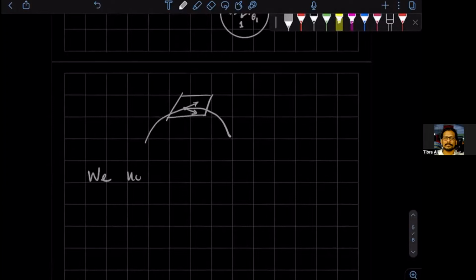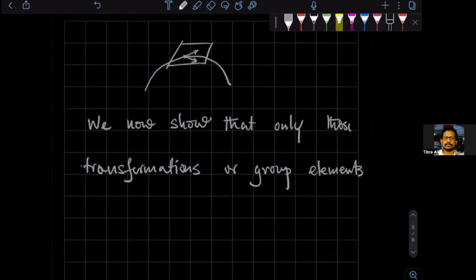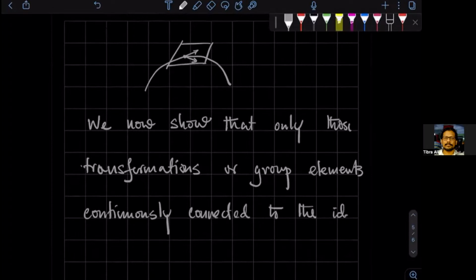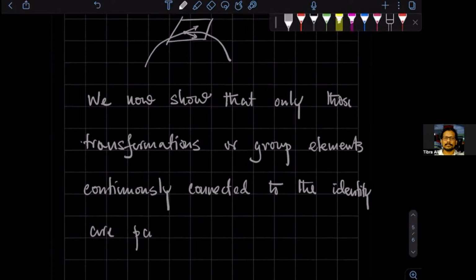So we now show that only those group elements, in physics we call them transformations, continuously connected to the identity are part of SO3. Okay, we're going to show that now.